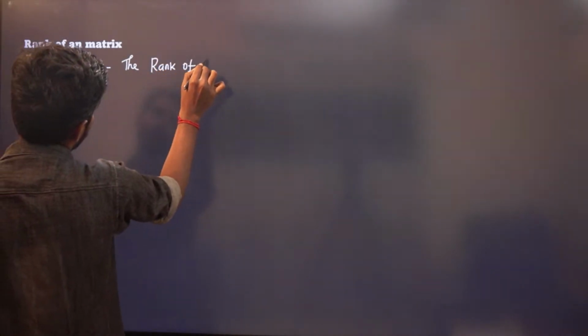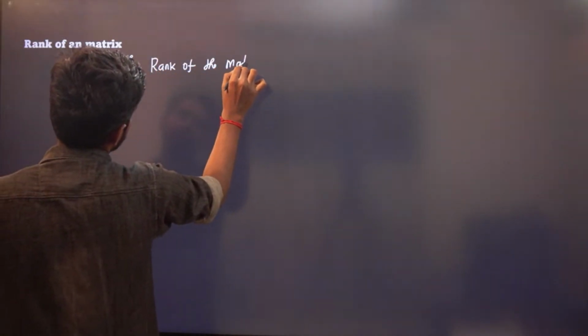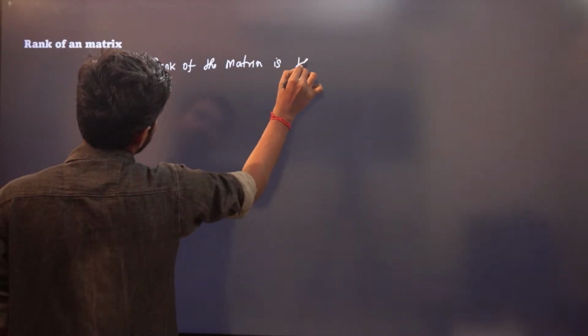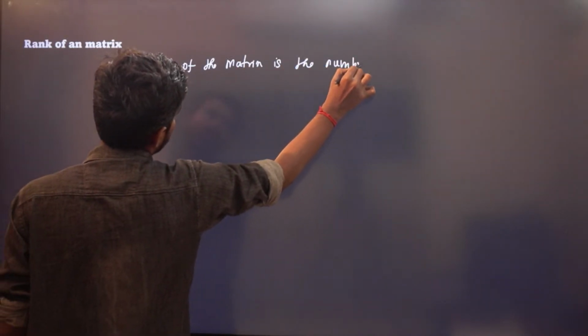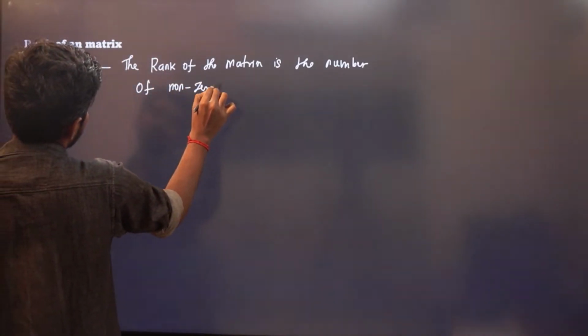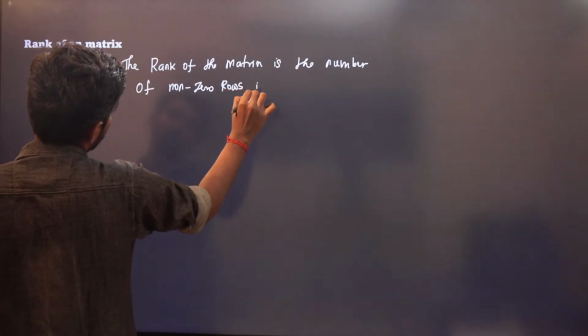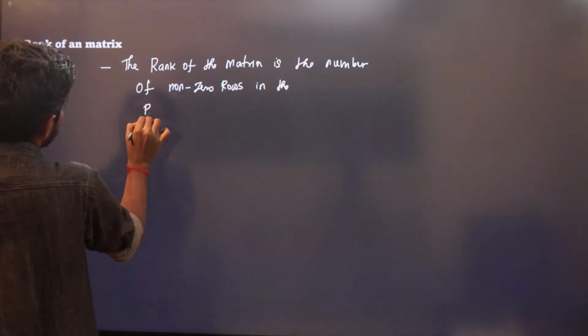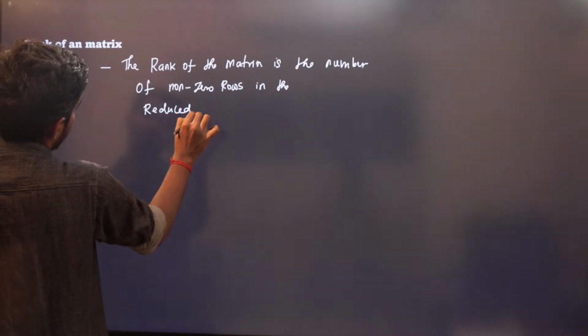So what is the rank of a matrix? The rank of a matrix is nothing but the number of non-zero rows in the reduced row echelon form.